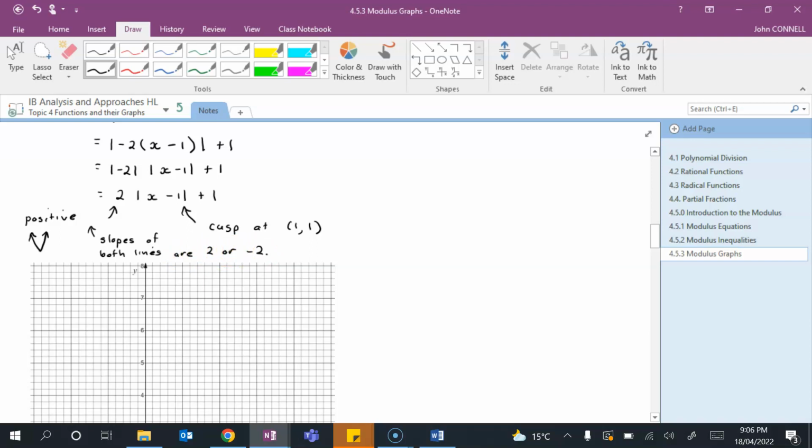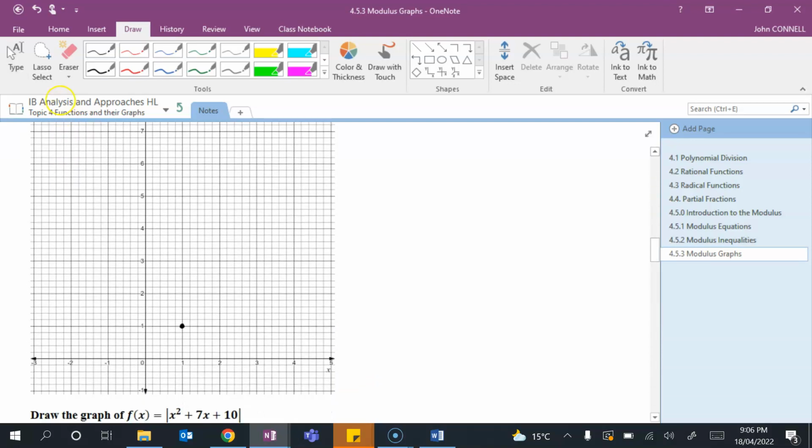Whereas in a quadratic, the value of a didn't tell us too much about the slope. It talked about being narrower and wider and being positive. Because we're working with straight lines in this case, it actually gives us the slope of the straight lines. So I know I'm going upward from this point (1, 1), but I also know that if I go across 1, I've gone up 2. And if I go across 1 the other way, I've also gone up 2.